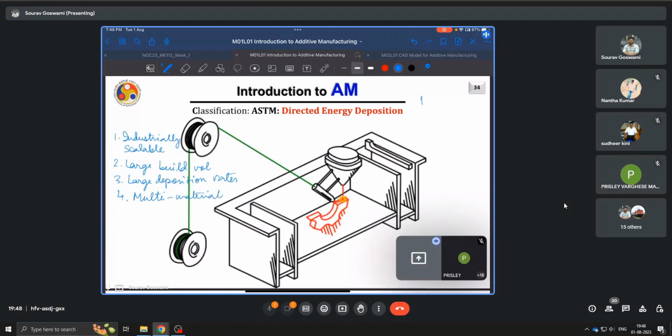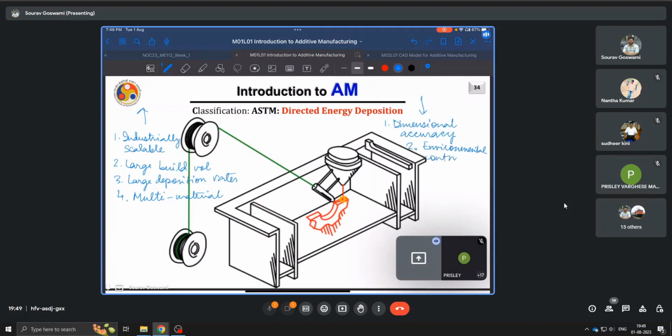However, the downsides are that dimensional accuracy is maybe worse, not too bad, but definitely worse than some of the other processes. Environmental control, though.